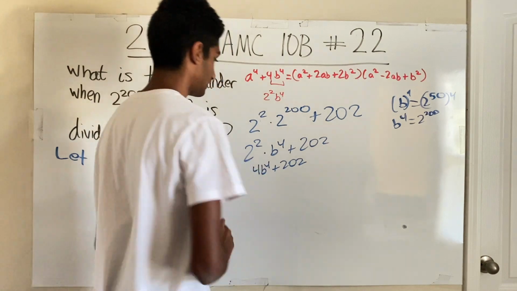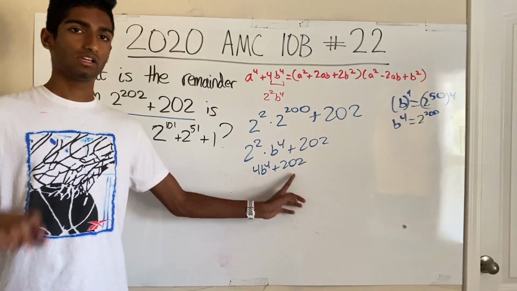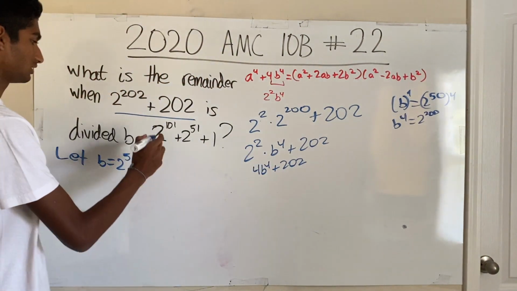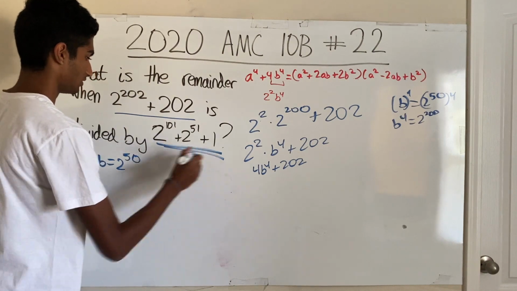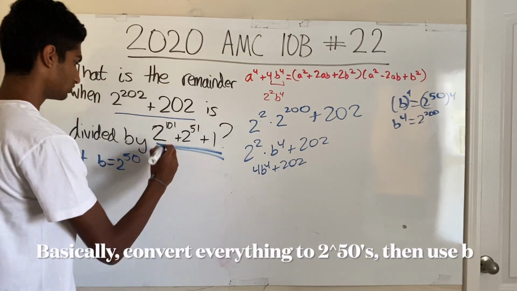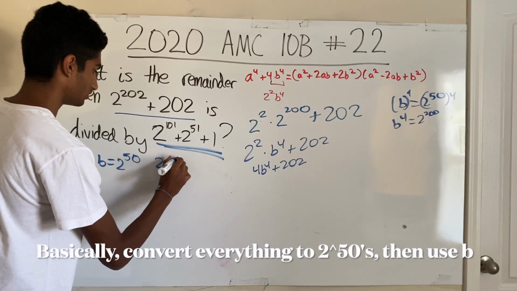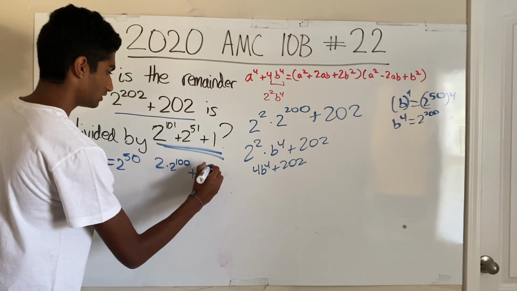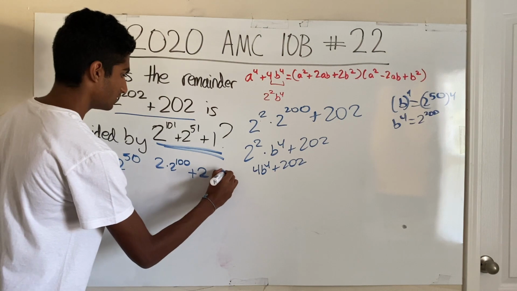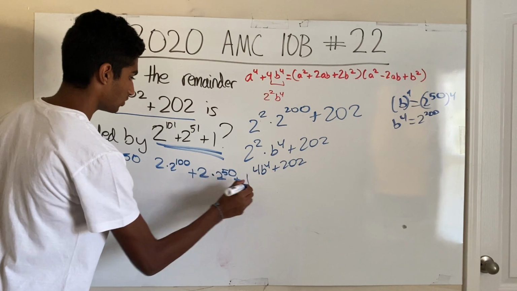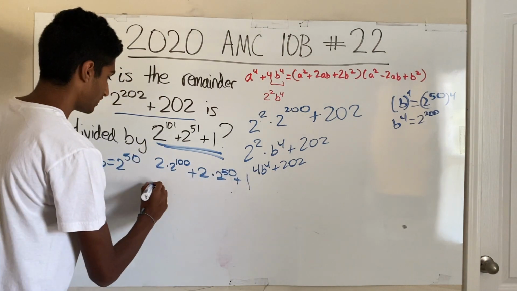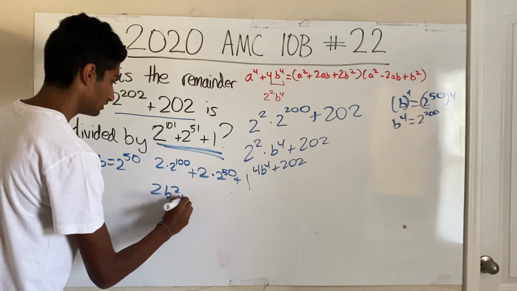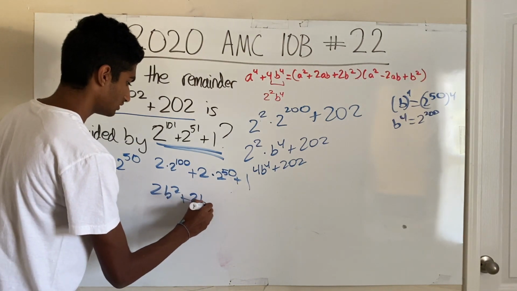Now, you're probably wondering how we're going to use this 202, and I'll get to that in just a sec. But for now, let's convert this as well. So 2 to the 101 would be 2 times 2 to the 100 plus 2 times 2 to the 50 plus 1. And simplifying that, we get 2b squared plus 2b plus 1.